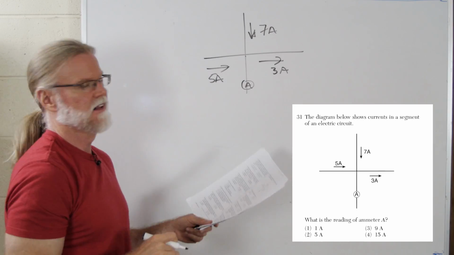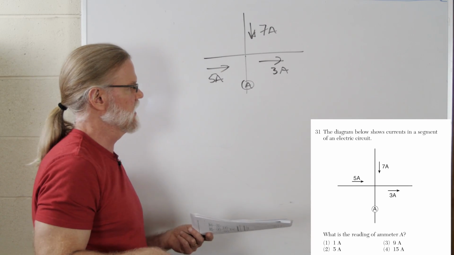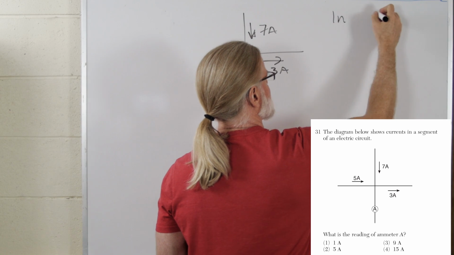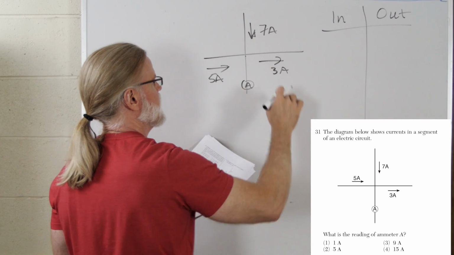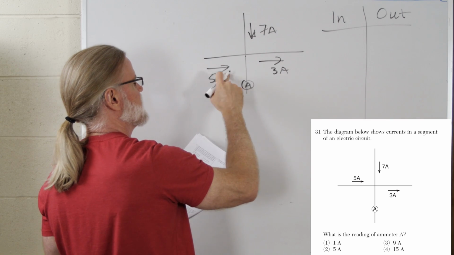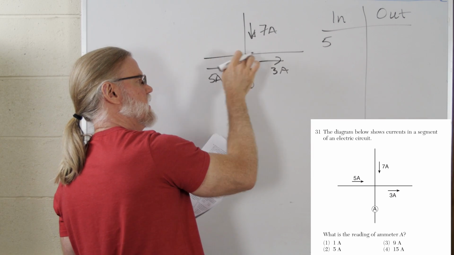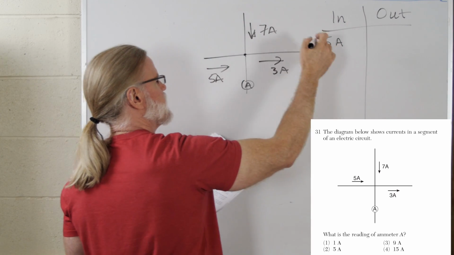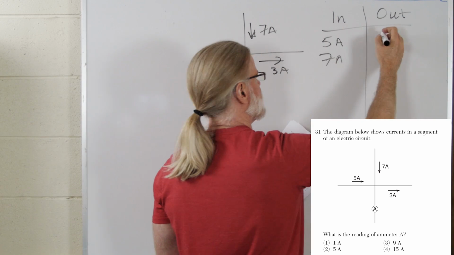Question 31. It's just like cars going into an intersection. The number of cars coming in has to equal the number of cars leaving. So I'm going to make a chart to make sure I don't mess up, especially if we had a lot of them. This one's kind of easy. We have 5 amps going in to the junction, 7 amps in to the junction, and 3 amps going away from the junction.